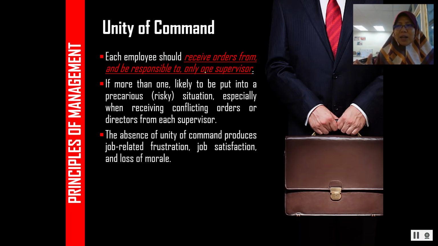So when you have two different supervisors, it's pretty hard for you to do your work. Why? Because maybe your supervisors have conflicting ideas. That's why unity of command is to receive orders from and be responsible to only one supervisor. Directly, you do your job according to your one supervisor.